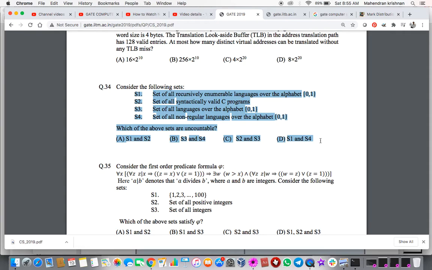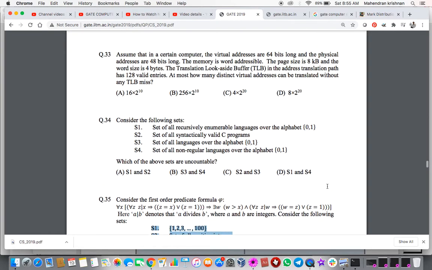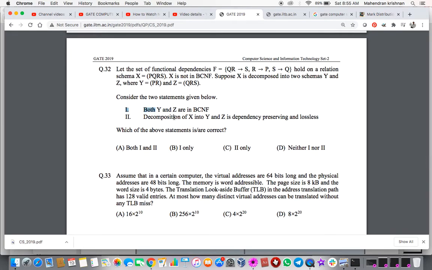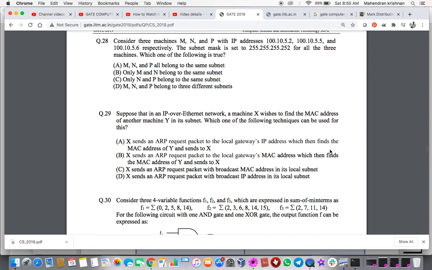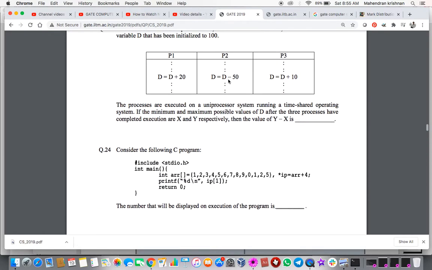No negative markings in MSQ, though it has multiple choices. This is not MCQ, this is MSQ, multiple select. No negative marks for this as well. Let me give some more examples.